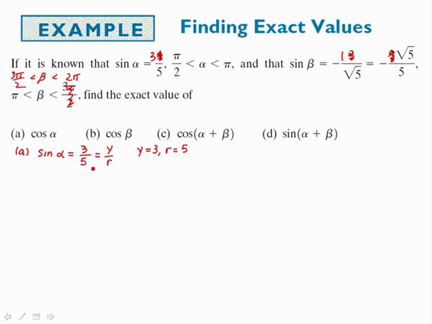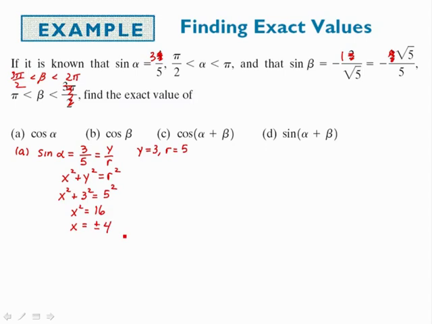We also know that x, y, and r are related through x squared plus y squared equals r squared. So x squared plus 3 squared equals 5 squared, right? So x squared equals, let's see, 25 minus 9 is 16. So x is either going to be a positive 4 or a negative 4.